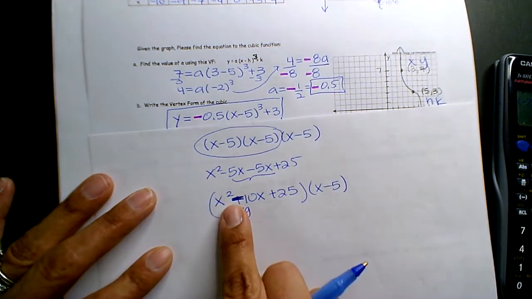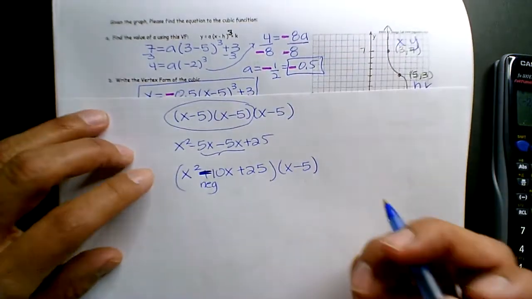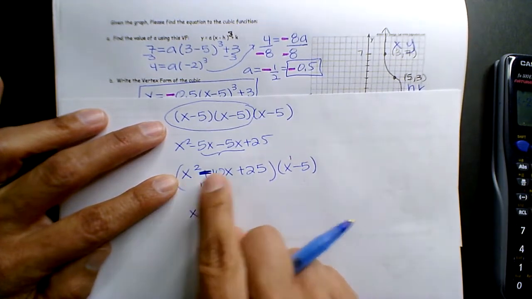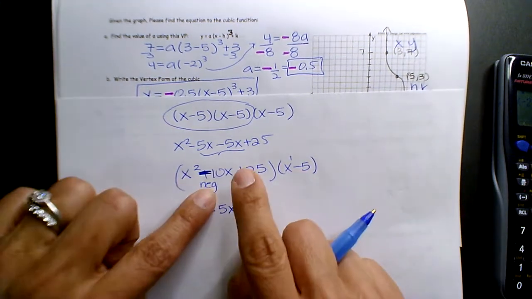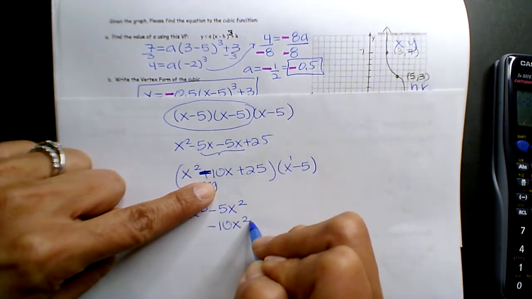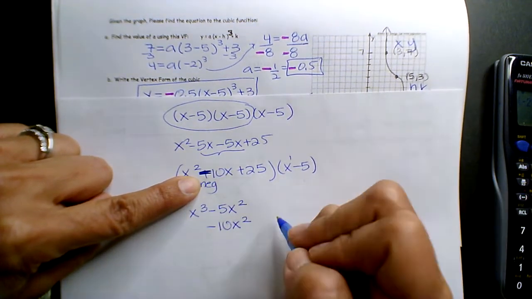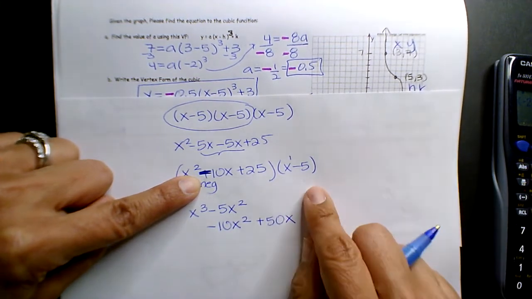And so now I'm going to go 3 terms times 2 terms. So I'm going to end up with 6 terms. So x squared times x is x cubed. x squared times -5 is -5x squared. -10x times x is -10x squared. -10x times -5 is positive 50x.